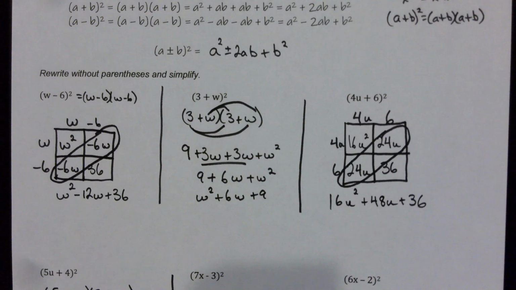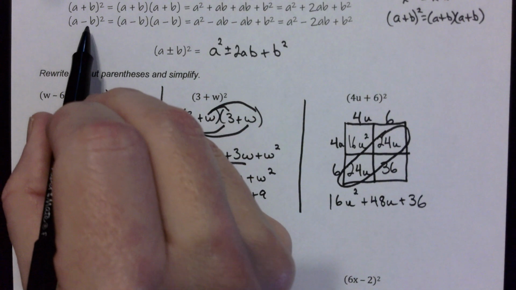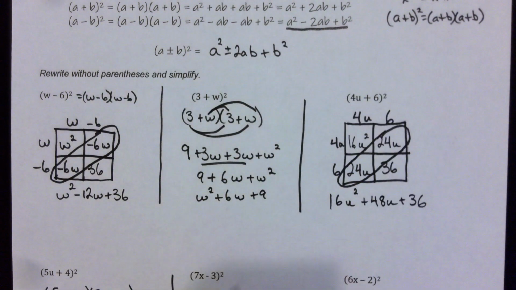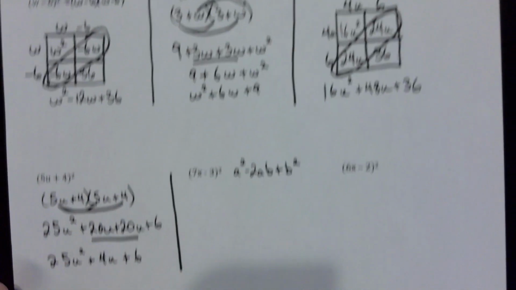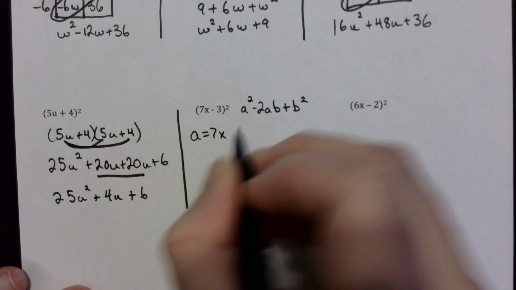On this next one, I'm going to use the formula. Let's go back up and look at this formula right there. This is the one we'll be using. Remember, when it says a minus b squared, it'll end up being a squared minus 2ab plus b squared. What is my a? It's the first term, 7x. What is my b?